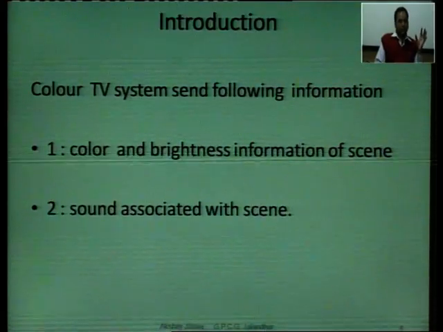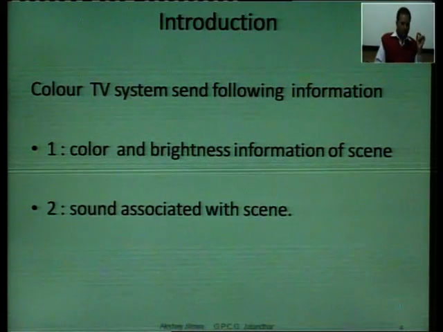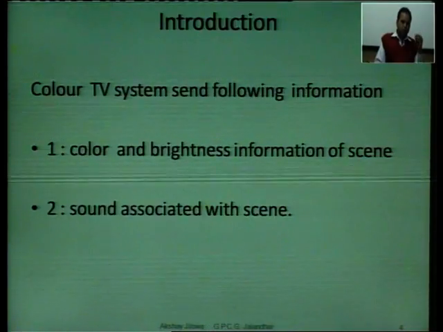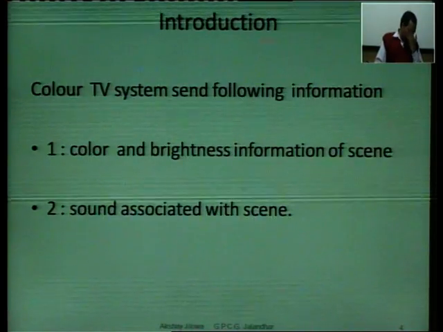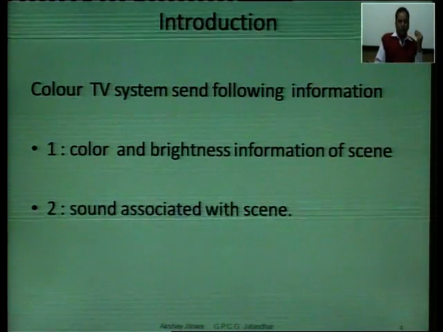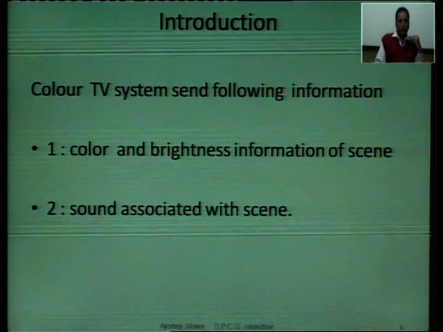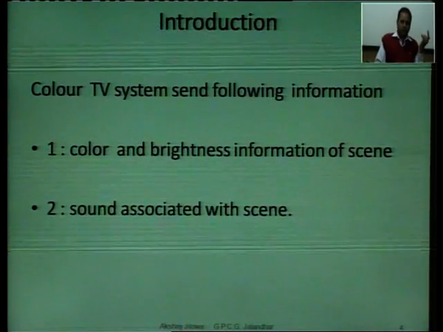So, that makes the complete picture. And the second part is sound associated with the scene, same as in the case of monochrome. In color TV also, we send the sound associated with a particular scene along with the scene.